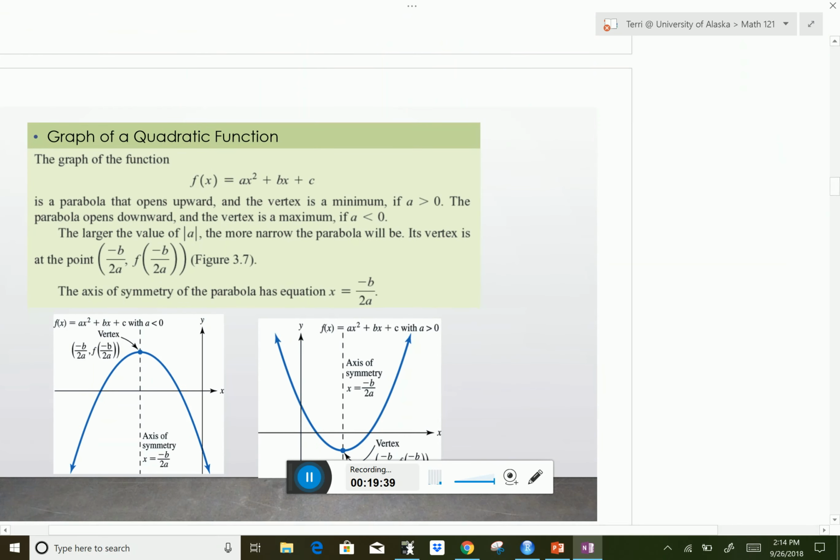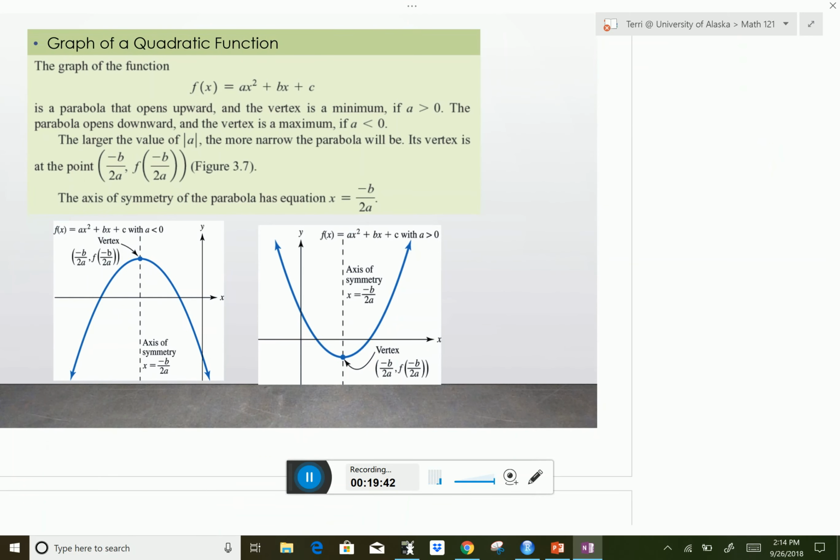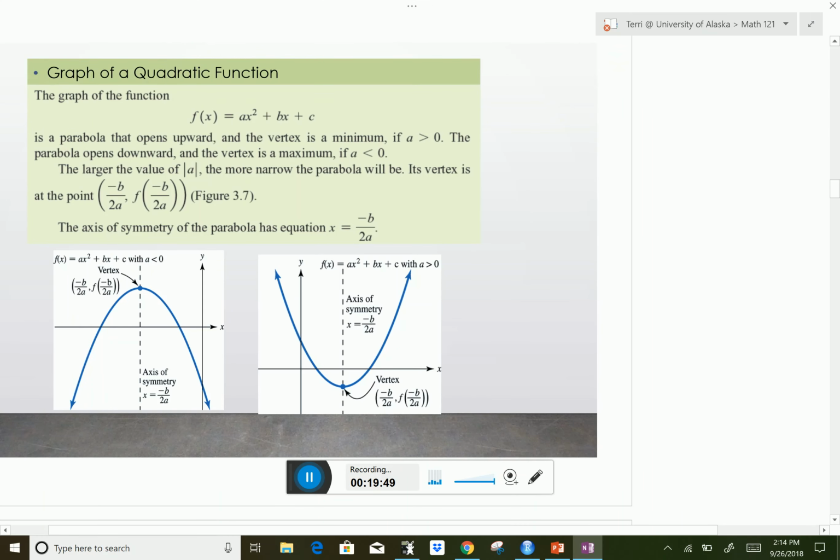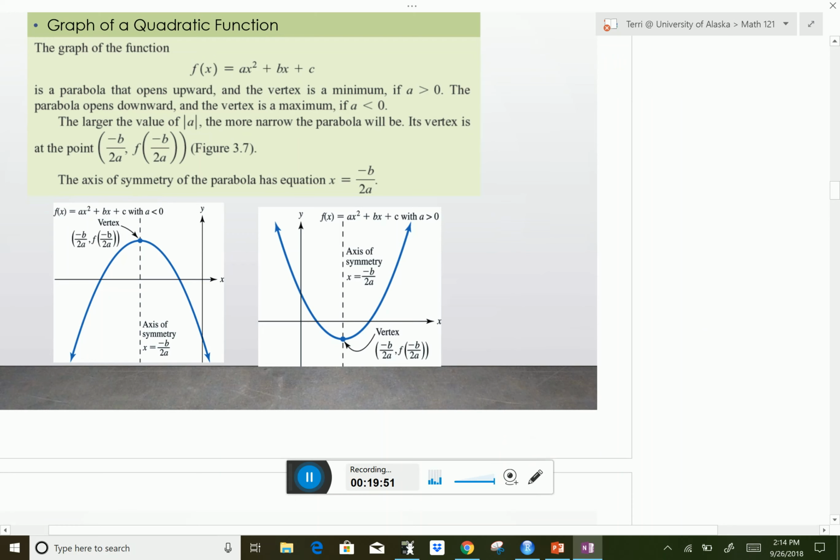Okay, so let's talk about graphing them. Graphing a quadratic function by hand is quite simple. We can actually find the vertex given this function quite easily. And we know that if a is positive, it opens upward, and downward if it's less than 0.